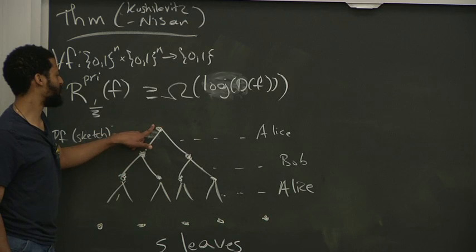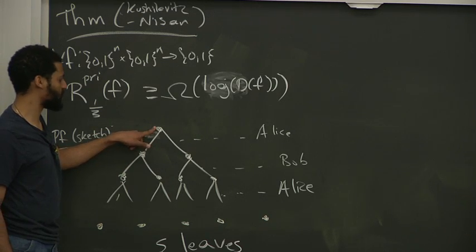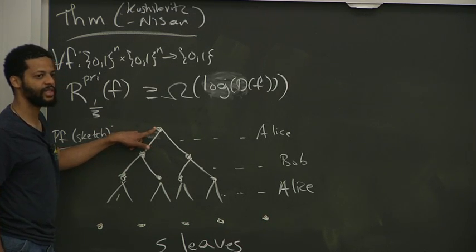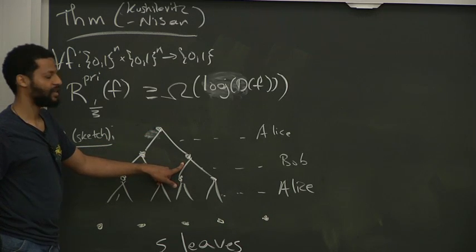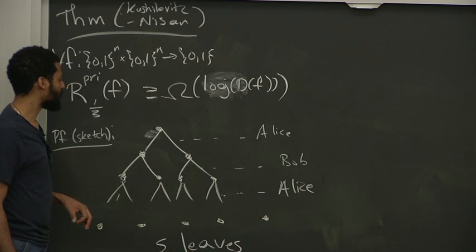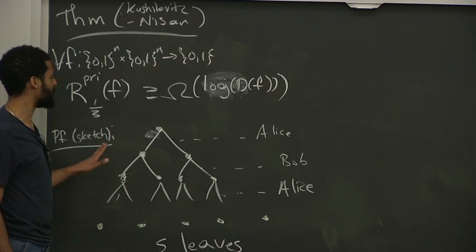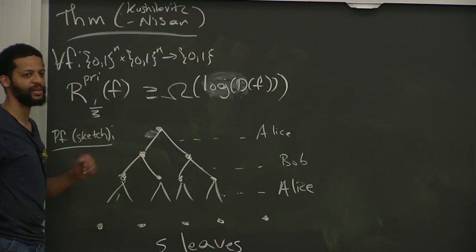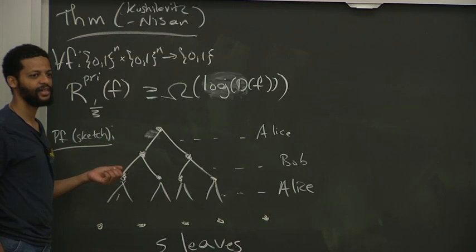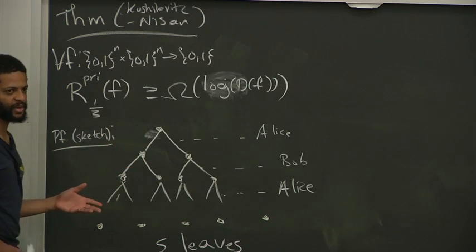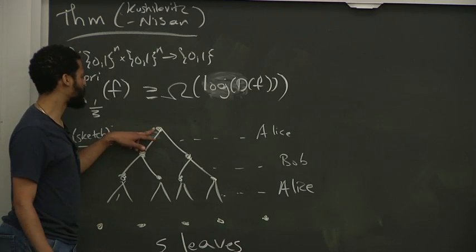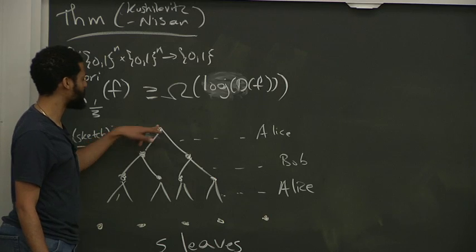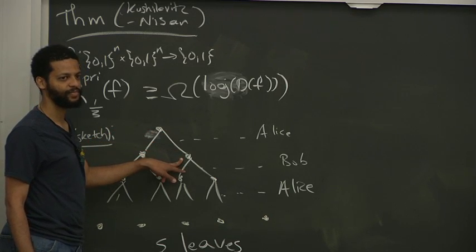So she's going to flip some coins, and based on that, she's either going to speak this or speak that. Let's assume, without loss of generality, that every time they each speak just one bit. This blows up the total communication by almost a constant factor. So Alice is going to flip some coins, and based on the outcome of those coins, she's either going to go this way or this way in terms of what she's going to communicate.